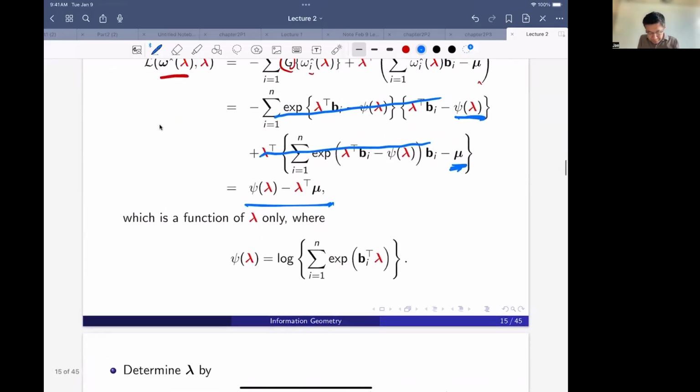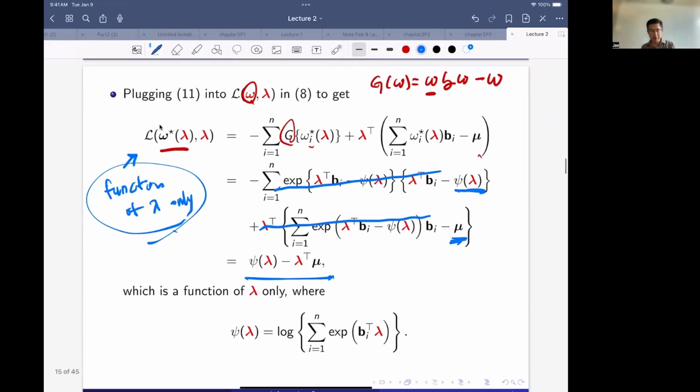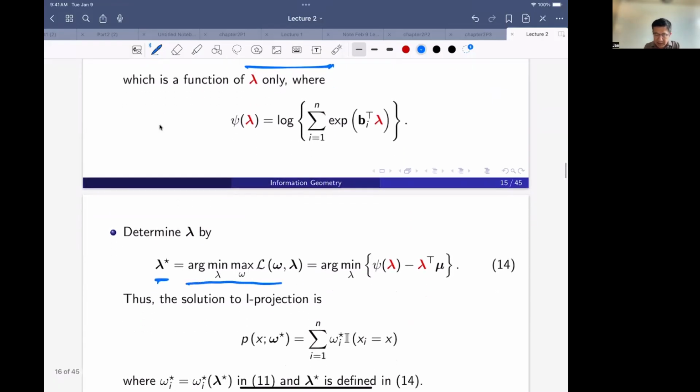Okay, so basically now by plugging in, this is a function of lambda only. So you basically express your optimization for lambda. Because this is basically a dual optimization, instead of trying to, I mean, originally we are interested in determining omega, but lambda is a kind of dual parameter. So it turns out that you are solving a minimax problem.